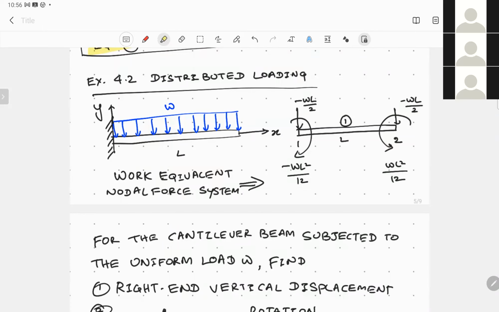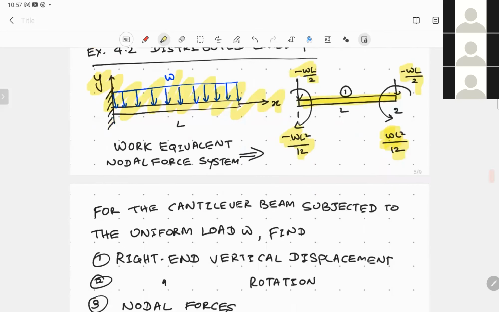A distributed load having W. Let's analyze this beam. As we just saw, this beam having a distributed load W can be represented by the nodal forces as well as nodal moments in this way. The sign conventions have also been taken into account.